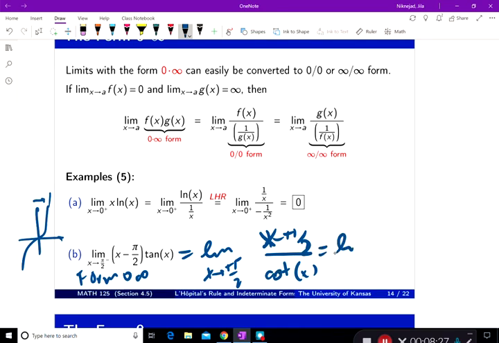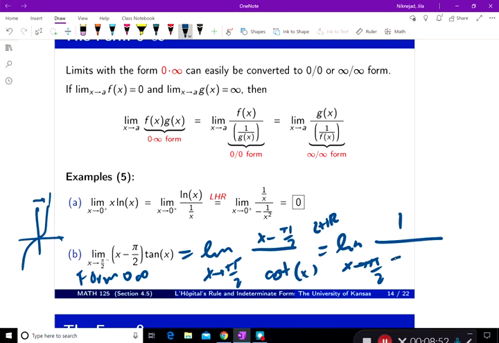And then the limit with L'Hopital's rule as x approaches pi half. Derivative of x minus pi half is just 1. Derivative of a cotangent is negative cosecant squared of x.